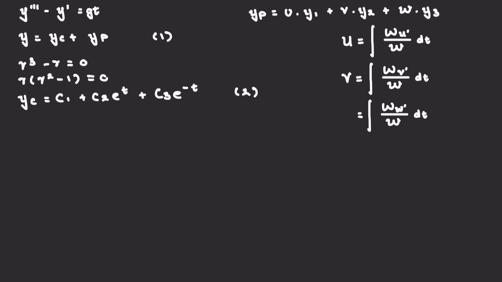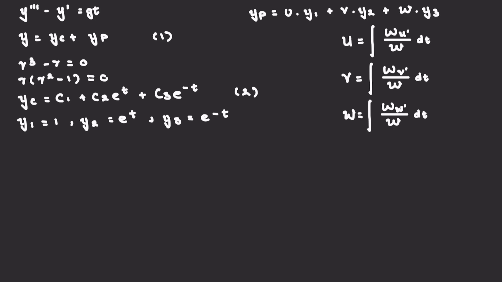We're going to use this formula for our u, v, and also w, which we're missing here, to plug into our particular solution to the non-homogeneous part, which is stated above. Let's first state our y1, which is just e to the 0, which is 1, our y2, e to the t, and our y3, which is just e to the negative t.